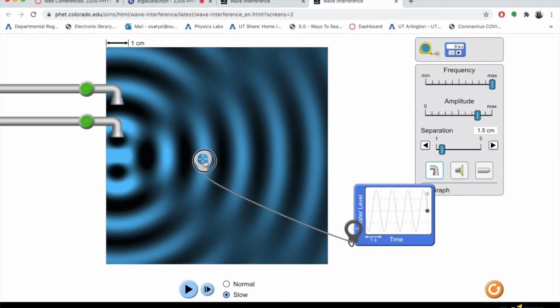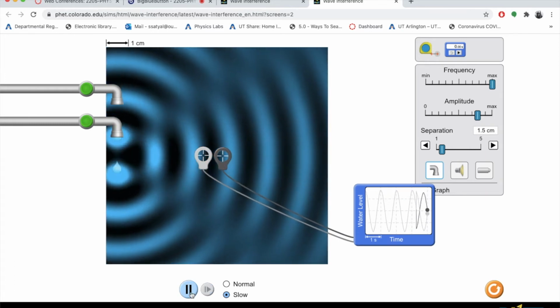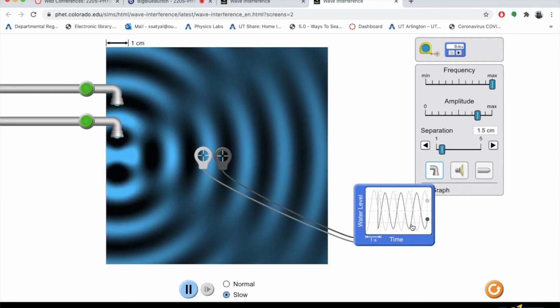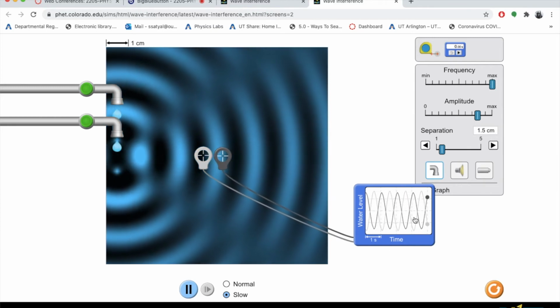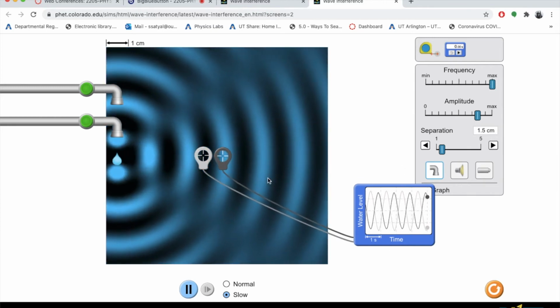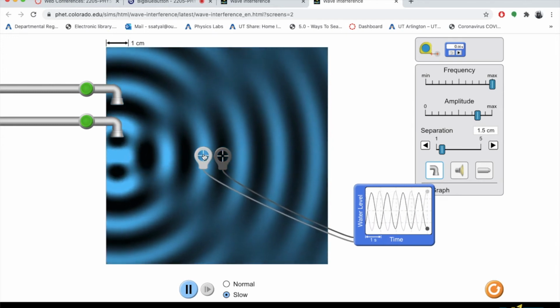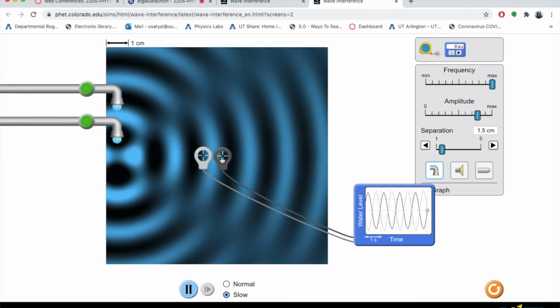And now I'm going to measure the wave pattern of the water wave here, at the crest and the bottom. So when I play it, I should see two graphs here, two oscillating waves, showing water levels. As you can see, they are out of phase because we're measuring at the crest, and at the same instant we're measuring the trough.